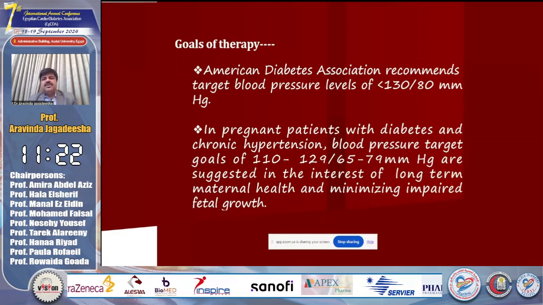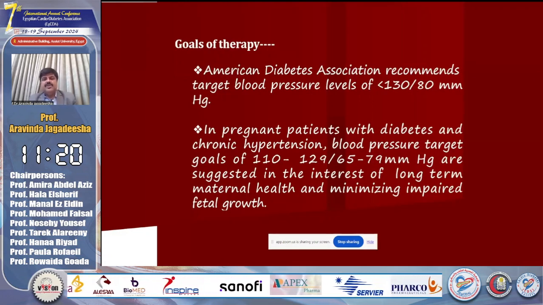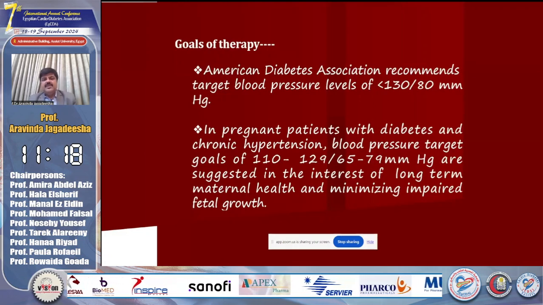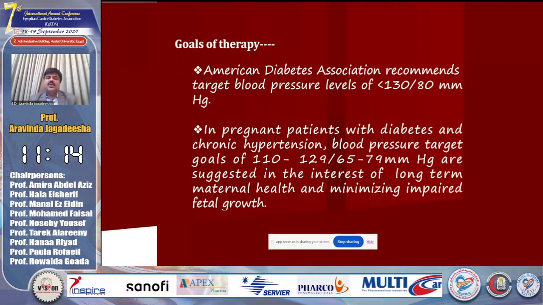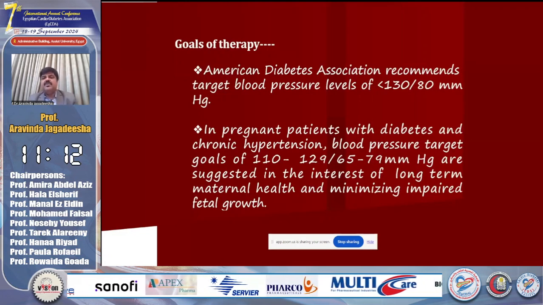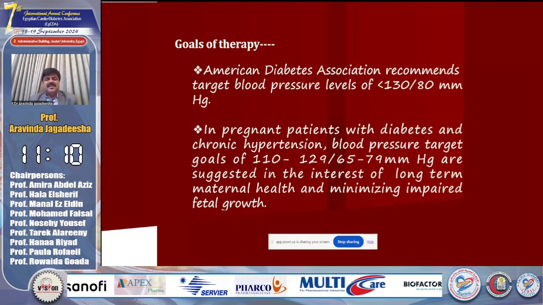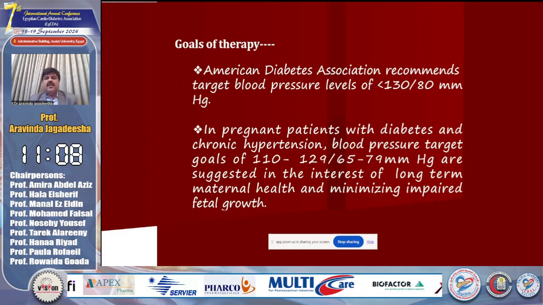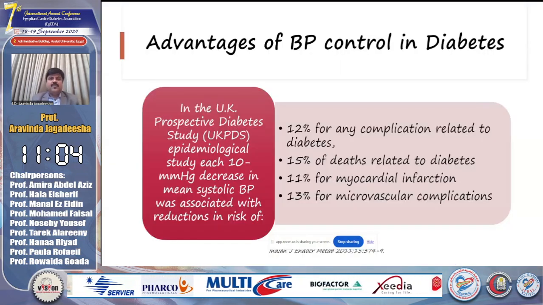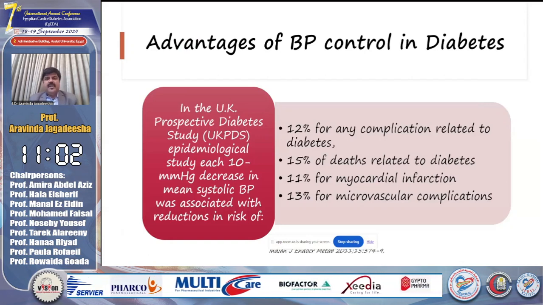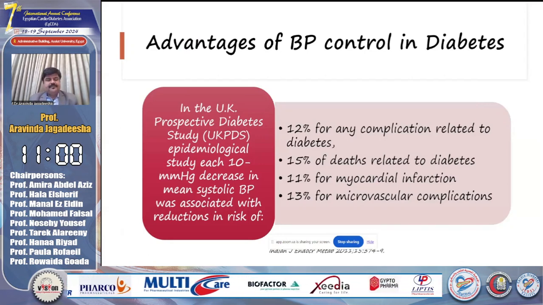In pregnant patients with diabetes and chronic hypertension, the blood pressure target is between systolic of 110 to 129 and diastolic of 65 to 79 millimeter of mercury, suggested in the interest of long-term maternal health and minimizing impaired fetal growth.